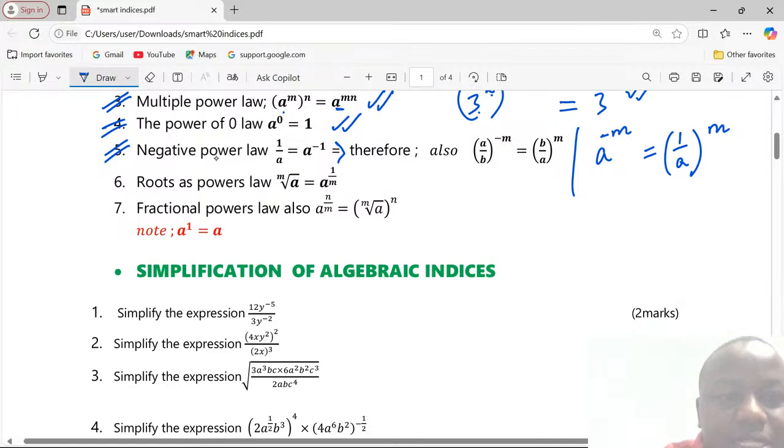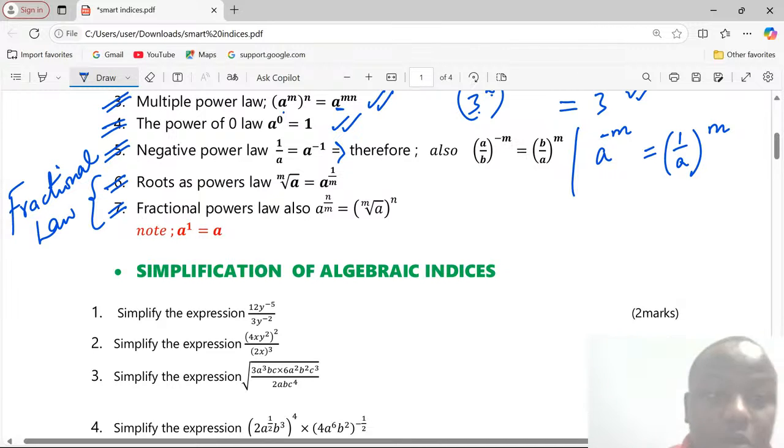Roots as powers can also be combined with number 7, whereby we call it the fractional law. Because when the power is a fraction, either the numerator or the denominator has to become the root.